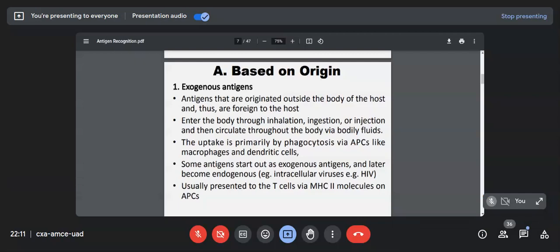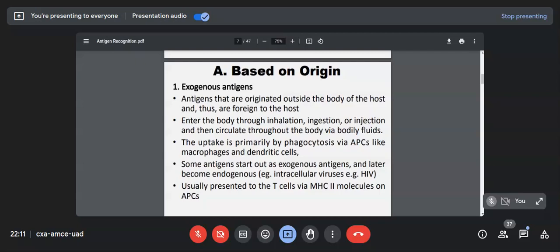I don't know if you have taken note of that point. Remember, we said the APCs have to go and tell the T cells that we have been attacked. How can they tell the T cells? They can only tell them if they have evidence of the type of antigen that came from outside that they have killed.